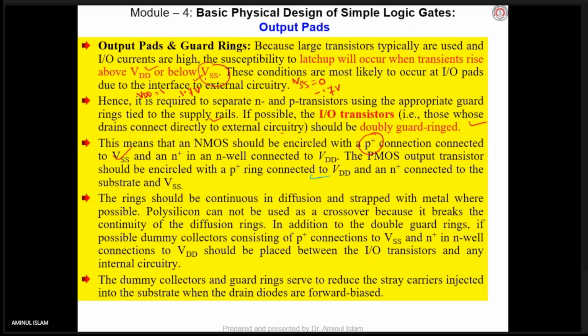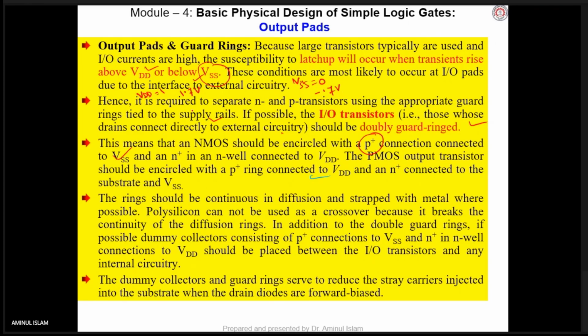We have already discussed in latch-up that if the output node, the drain of the FETs, say of an inverter, rises above VDD by 0.7 volt, then latch-up may occur. Or if the output node falls below VSS by 0.7 volt, that is, it becomes minus 0.7 volt, then latch-up may occur. So that thing is said here in a different way.